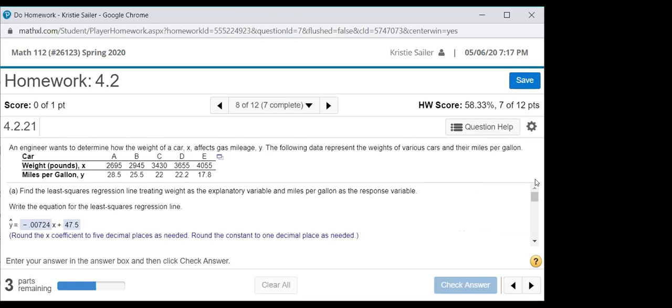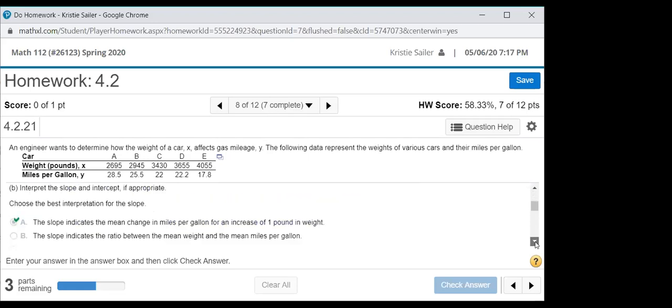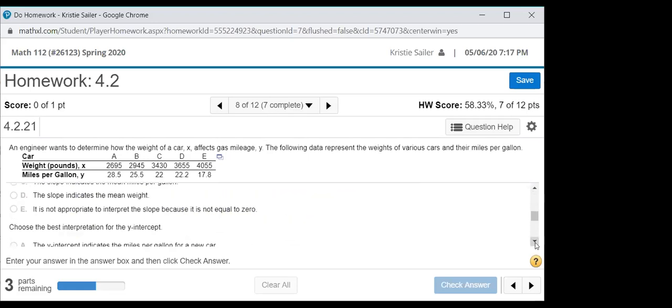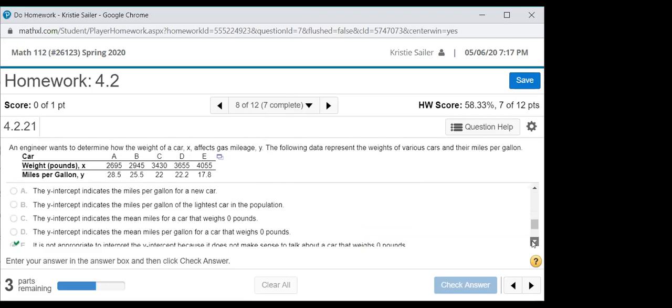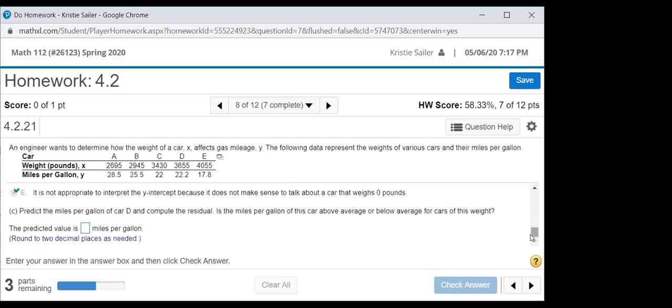Don't forget the negative here. And don't forget that you enter that negative as the toggle minus, the one at the bottom, not the minus sign, because you will get a different answer. And D is 3655. Are you okay, Jane? Yeah, I'm doing okay.